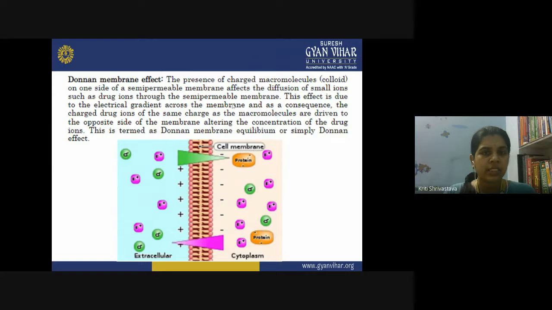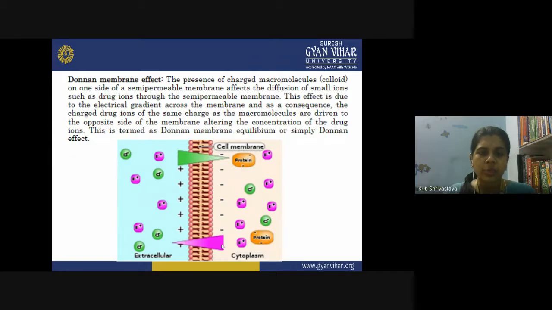So this effect is due to the electrical gradient across the membrane, and as a consequence, the charged drug ions of the same charge as the macromolecule are driven to the opposite side of the membrane, altering the concentration of the drug ion. This is termed as Donnan membrane equilibrium or simply Donnan effect.